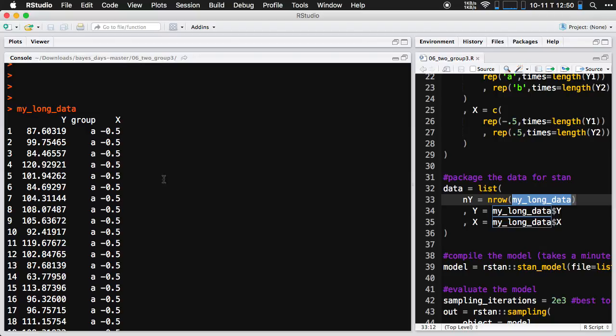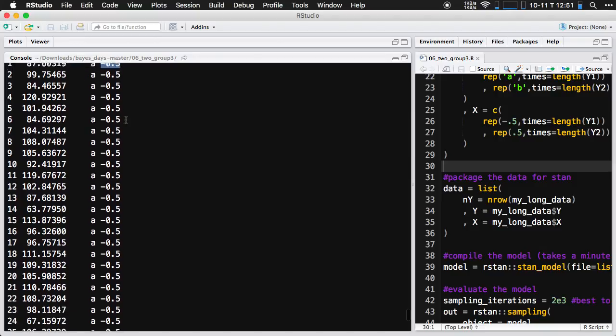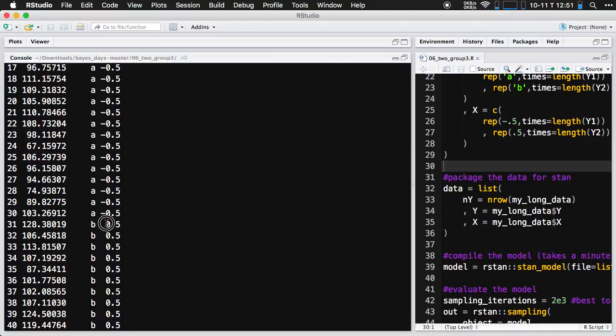There's a really easy way to do that, but I'll save that to next class to show you. But these numbers reflect how much you'd need to move from the center to get to one group and how much you'd need to move to get to the other group. So you need to move half of whatever diff parameter we're going to get to this group and half the diff parameter in the other direction to get to this group. So that's where that x comes from.